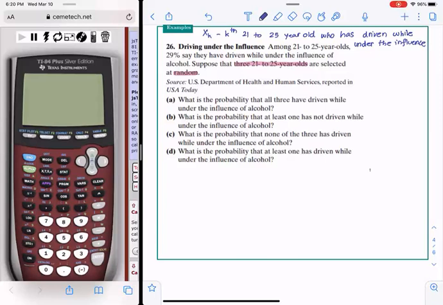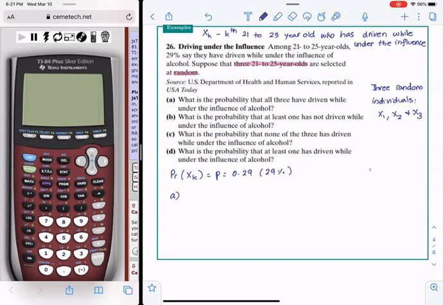So the probability of Xk for any person is p, I'll call it 0.29, which is nothing but 29%. Now we have selected 3 people, so 3 random people, which would mean x1, x2, and x3.